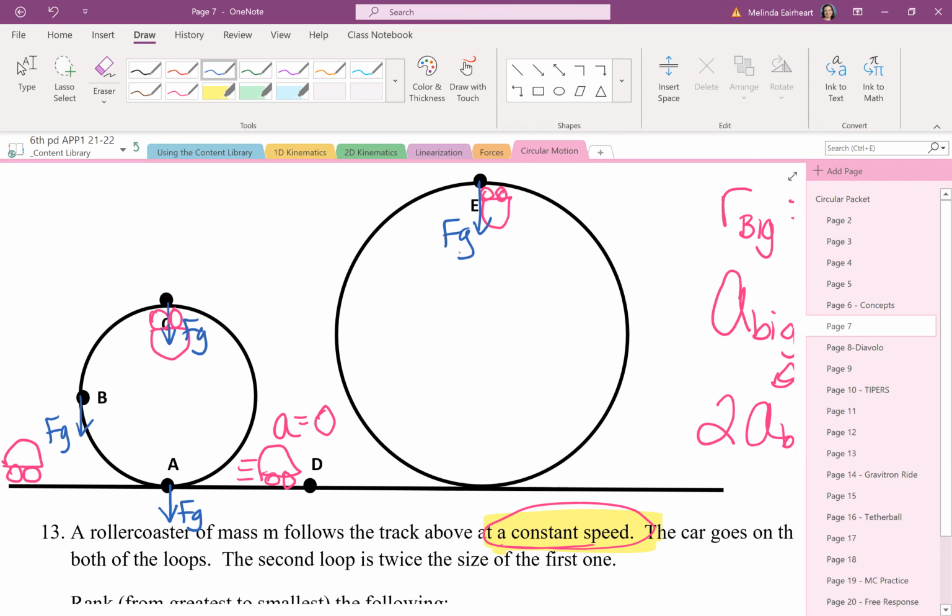At A, the first point, normal force is pointing towards the center. Is it going to be equal, less than, or greater than the weight? Greater. Why greater?